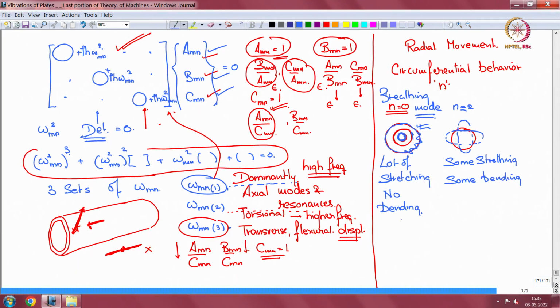So if I go to n equal to 4, let us say this is my nominal diameter, then the shell at some point will look like this. Messed it a little bit.